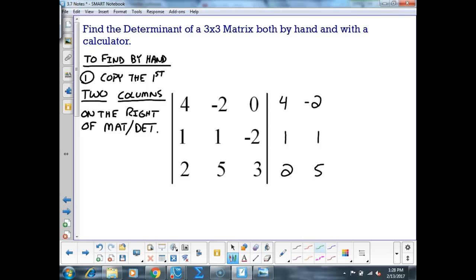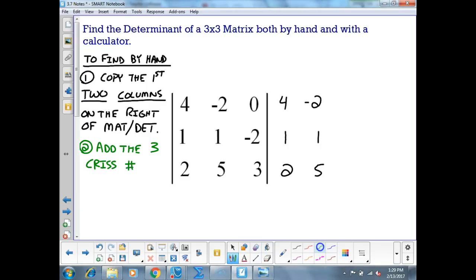Then, step number 2 says I am going to add the 3 Chris numbers. Okay. I get 3 Chris numbers this time. Here's 1. Oops, I went the wrong way. Here's 1.